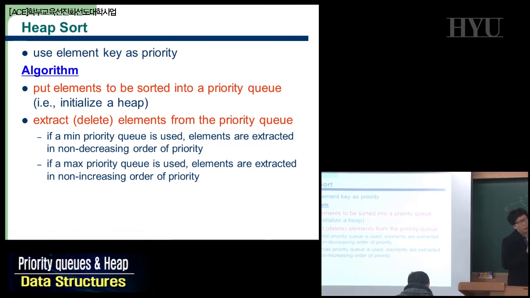If it's a min or max, doesn't really matter. If it's a min priority queue, elements are extracted in non-decreasing order of priority: 0, 1, 2, 3, 4, 5. If it's a max, elements are extracted in non-increasing order. The biggest one first. Okay.